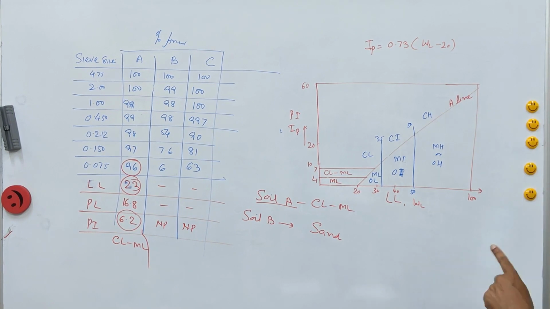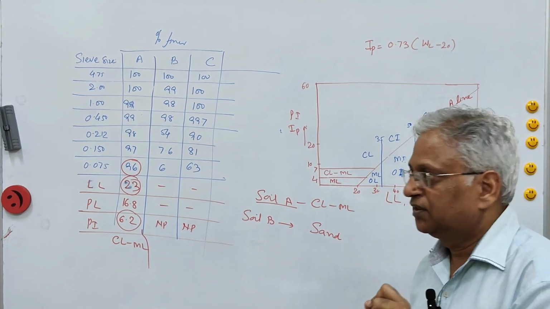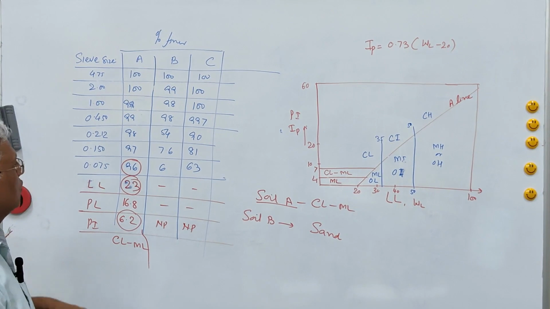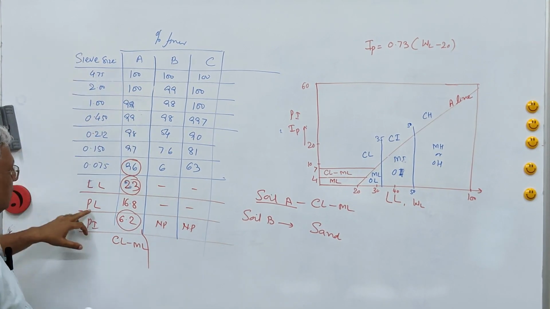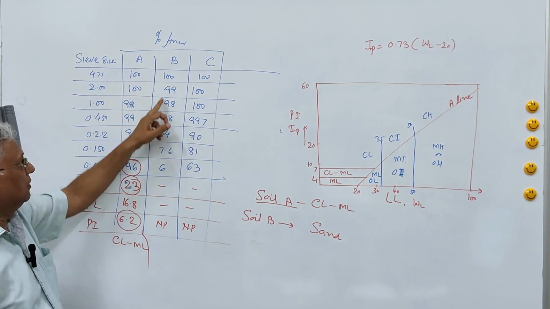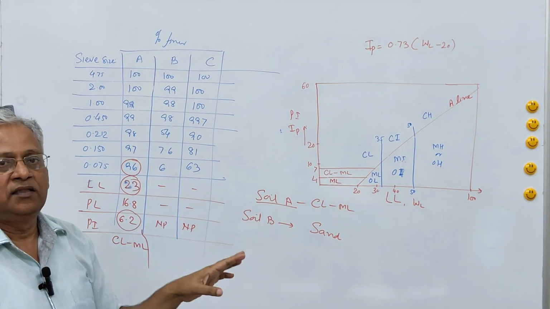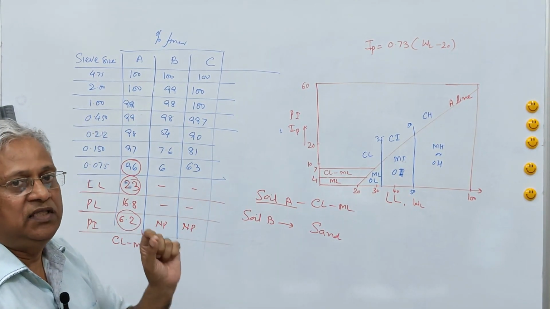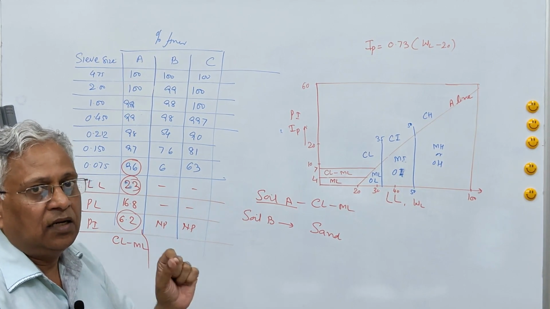And for coarse grained soil, you need to know the coefficient of curvature and coefficient of uniformity. And therefore, the grain size distribution should be plotted. On x-axis, you take sieve size on log scale. On y-axis, you take percent passing and make a plot. And from that plot, you find out what is D10, what is D30, and what is D60.